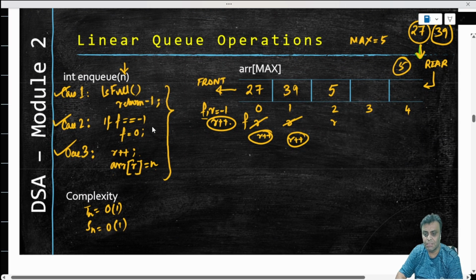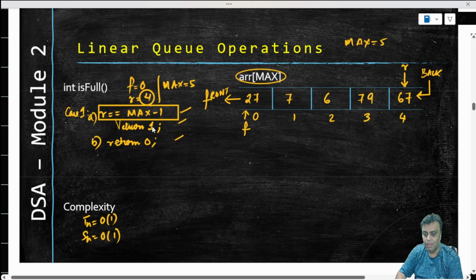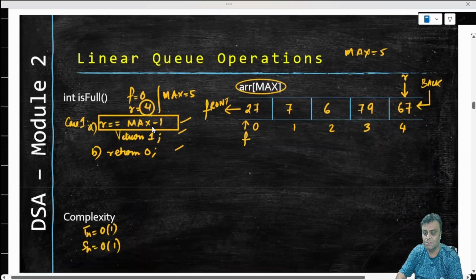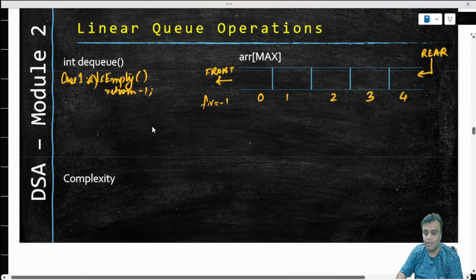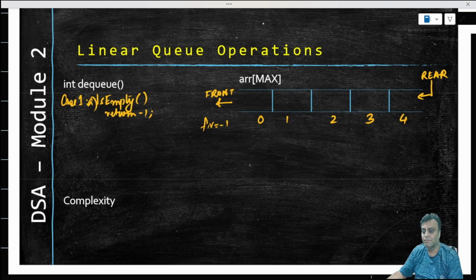Yes, I did not return anything. So net, what's happening is that in the dequeue operation, I have checked for is empty, and I have returned -1 if my queue is empty.